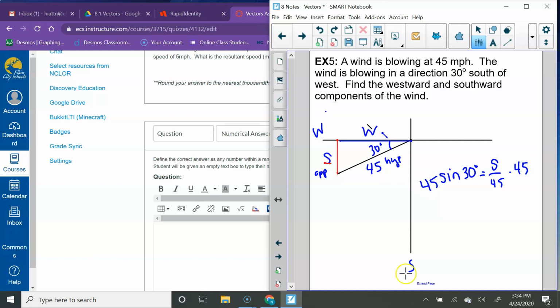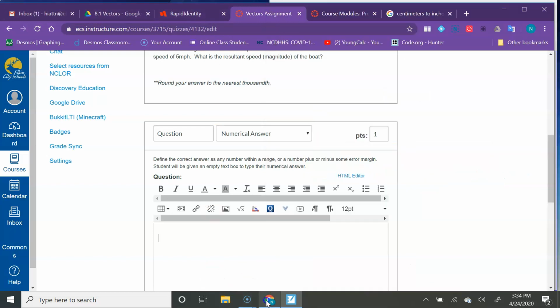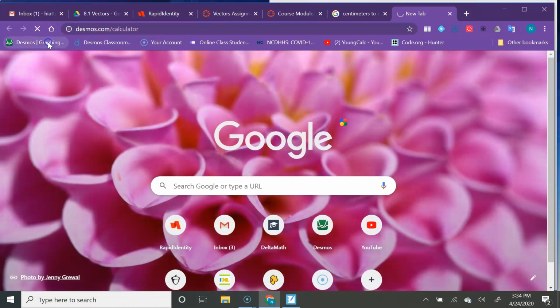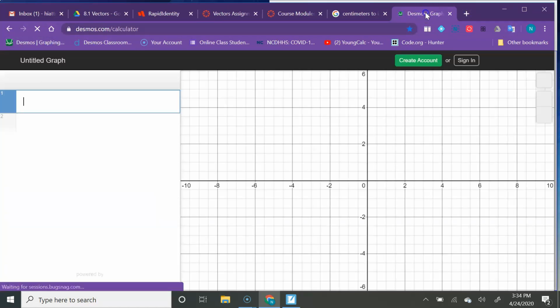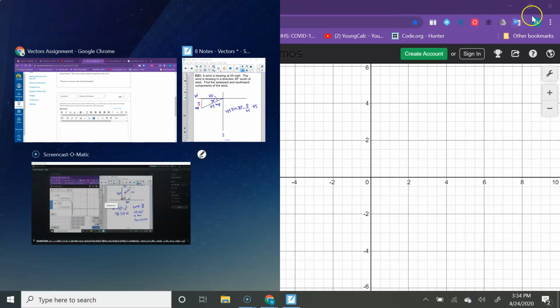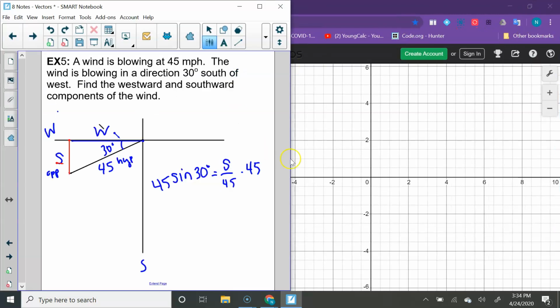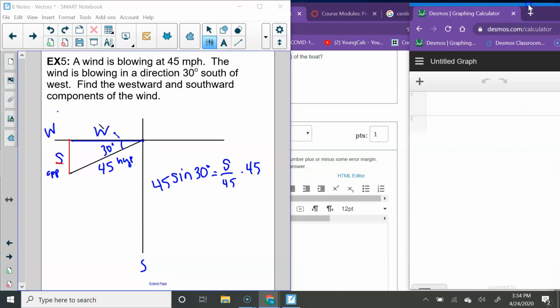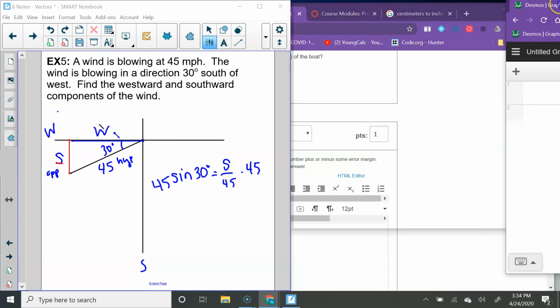And so if we do that, I think I closed my Desmos tab. Sorry, guys.